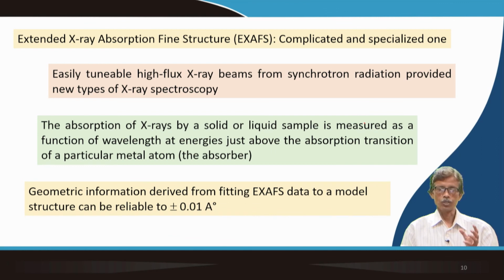Similarly, you have the corresponding EXAFS data, but you have to compare it, and that comparison will tell us whether we have an Fe-S distance, Fe-N distance or Fe-O distance, whether you have sulfur or nitrogen in the first coordination sphere. You see the good reliability: it is plus or minus 0.01 angstrom compared to the X-ray structure.